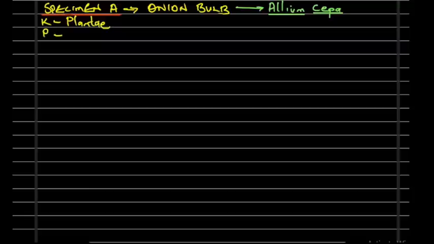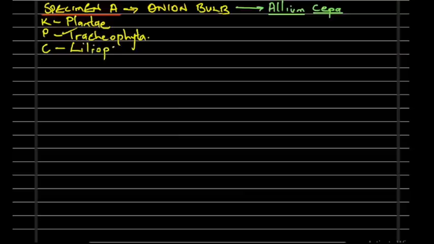The phylum is, we call it the Tracheophyta. And then we have the class. The class happens to be the Liliopsida. And we have the order now to happen to be the Asparagales.